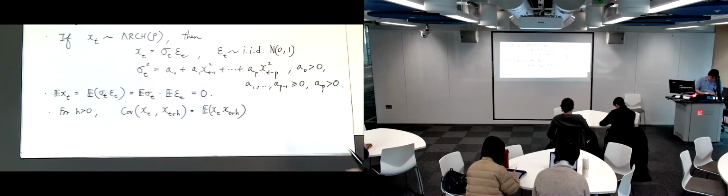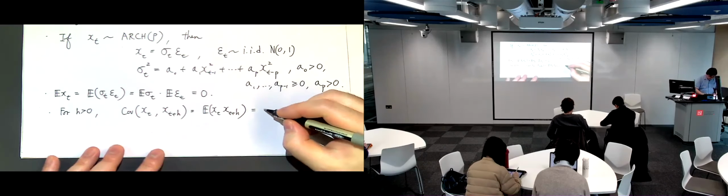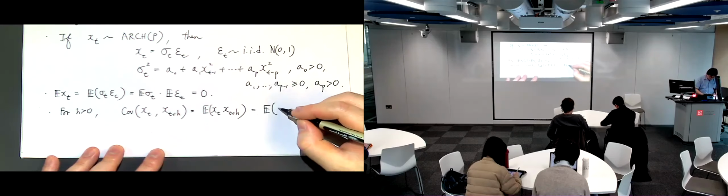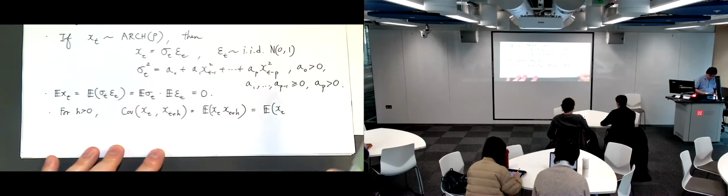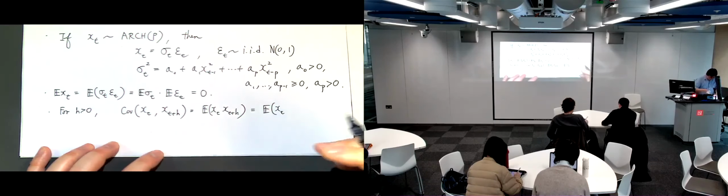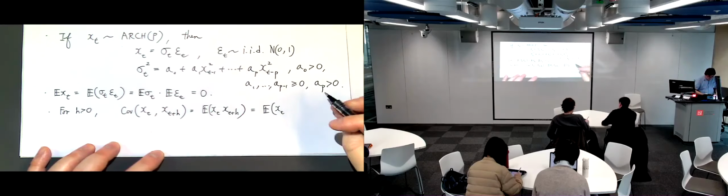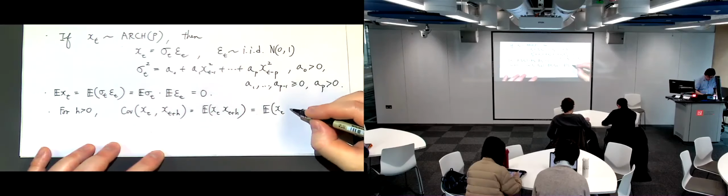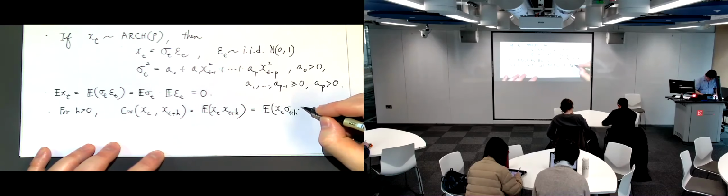So for all these kind of calculation, okay, usually people will just try to expand the variable that has the most positive time point. Here, t plus h is the most positive, the largest time point. So let's expand that. X_{t+h} equals sigma_{t+h} times epsilon_{t+h}.